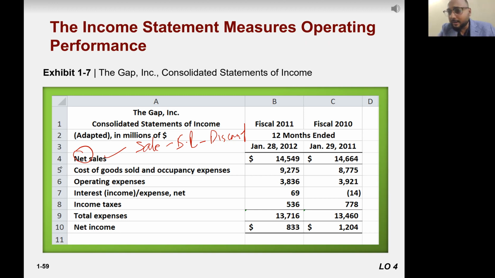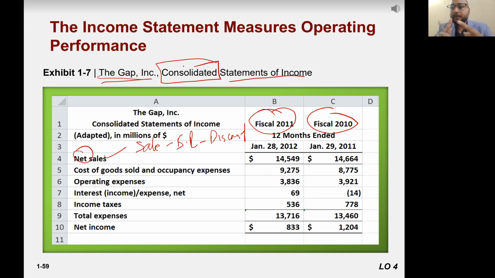this is the real income statement of GAP Incorporation. GAP Incorporation statement of income. If you pay close attention, this is consolidated. So GAP Incorporation is also selling male clothing, female clothing.